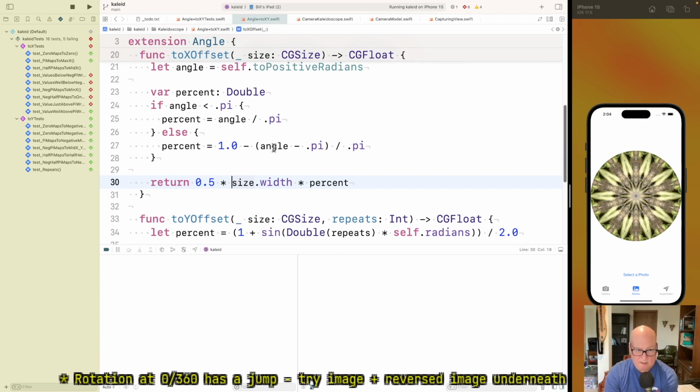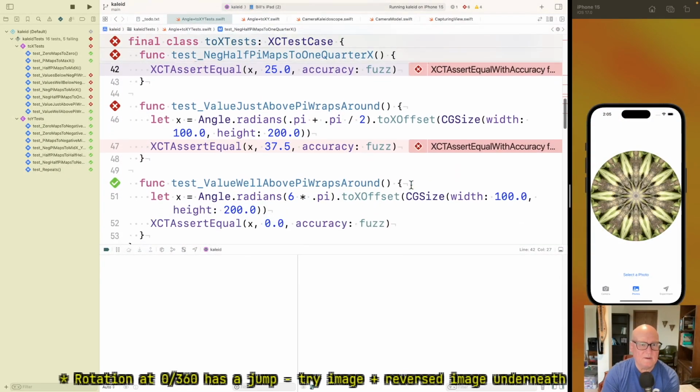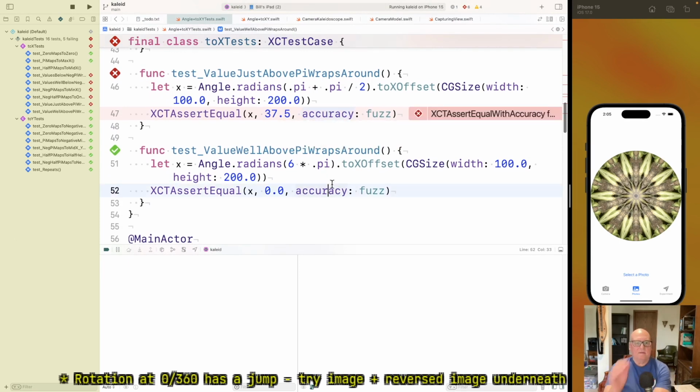So angle minus pi is pi over 2 divided by pi is 1/2. I think that should be 50. 25.